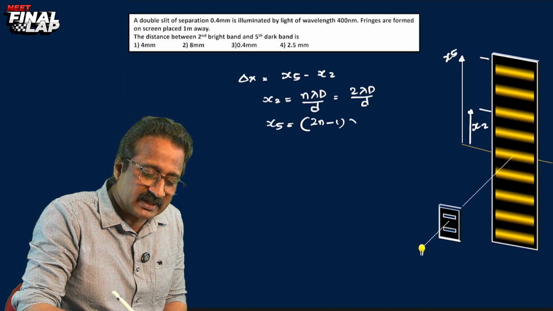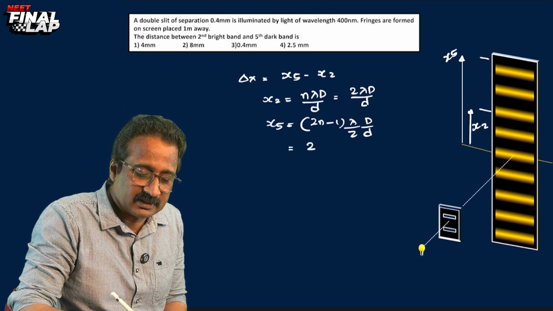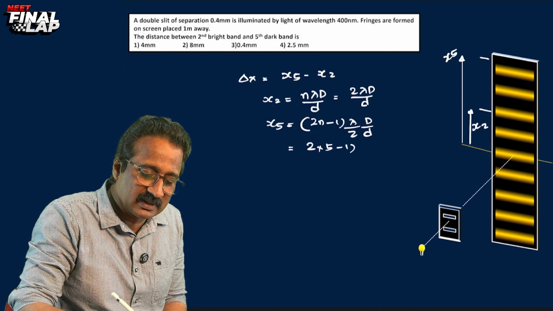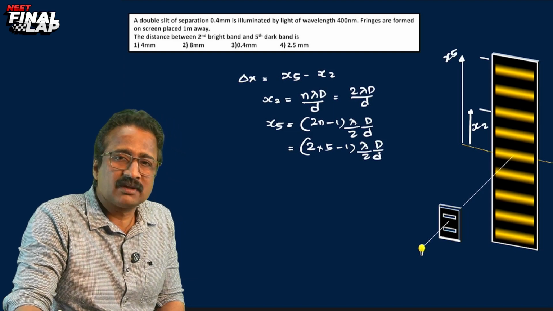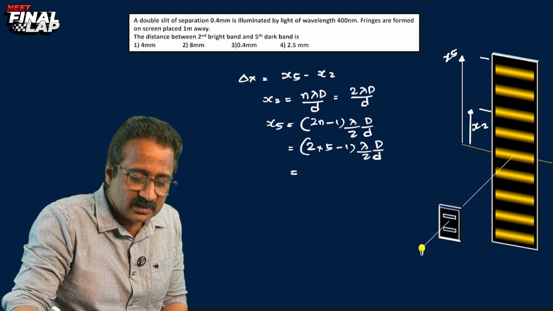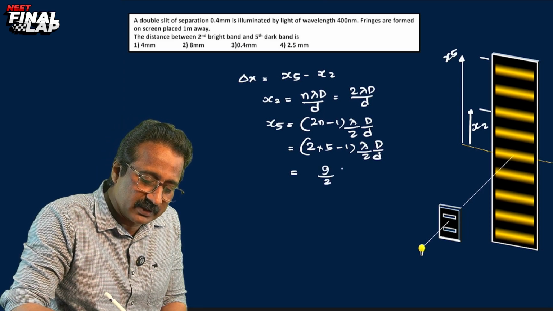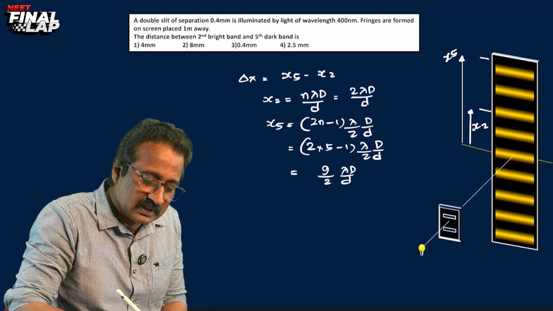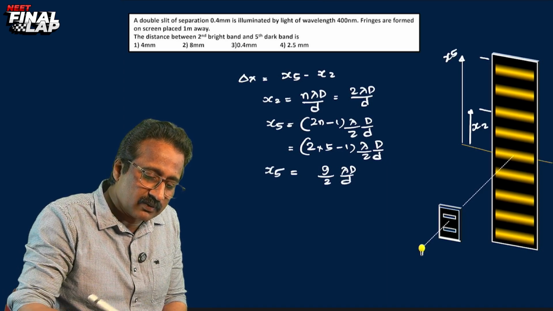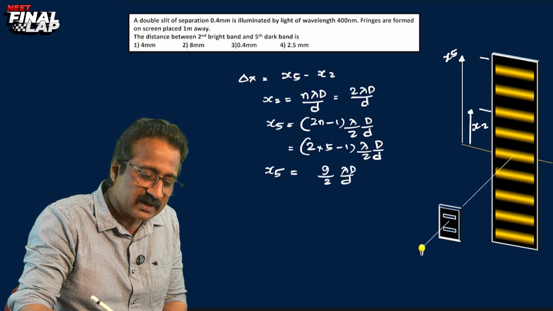It is (2n minus 1) lambda by 2 into D by d, and n is 5 here. So (2 into 5 minus 1) into lambda by 2 into D by d. 2 into 5 is 10, 10 minus 1 is 9. So it is 9 by 2 into lambda D divided by d. That is x5. The question is the distance between the second bright and fifth dark band, so it's x5 minus x2.